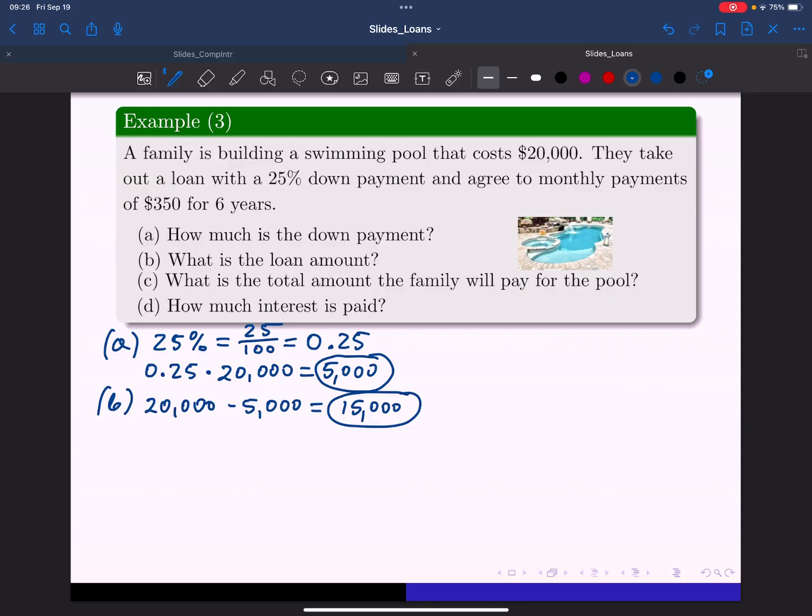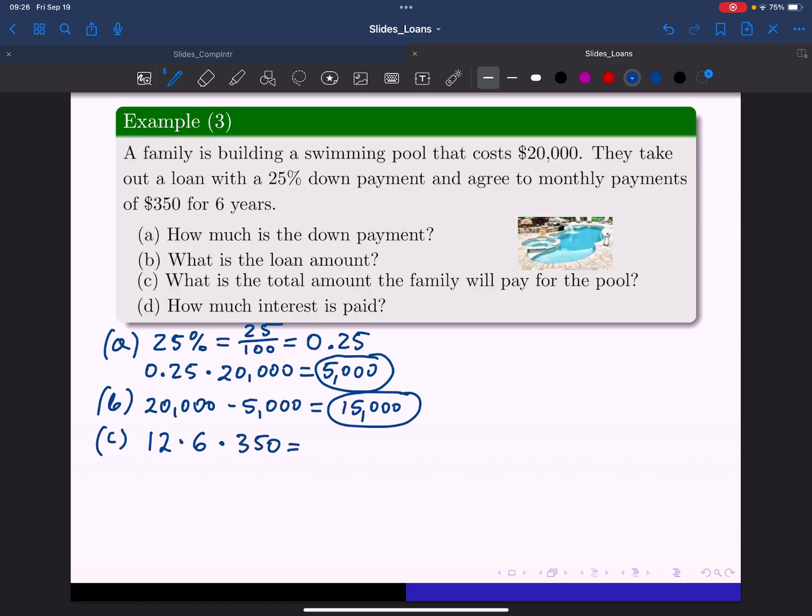Part C, how much do we pay? Monthly payments for 6 years. Each year we pay 12 times, right? So we have 12 times 6 times the amount 350.